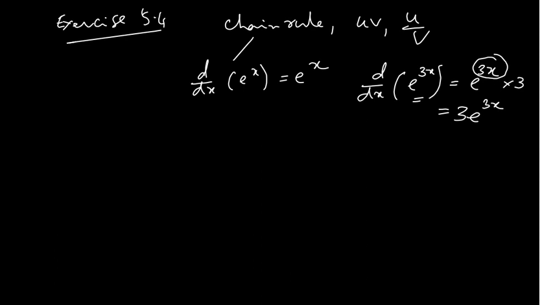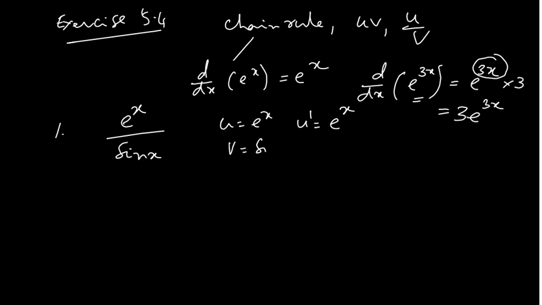Okay, so first question: differentiate the following with respect to x. E power x divided by sine x. So u by v: u equal to e power x, therefore u dash is e power x only. v equal to sine x, v dash equals cos x.